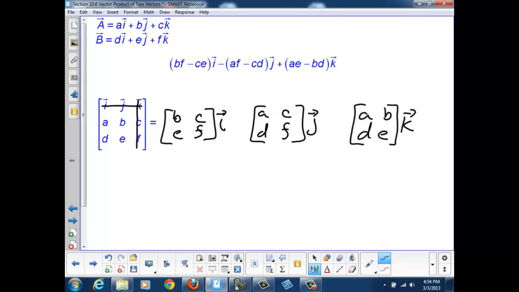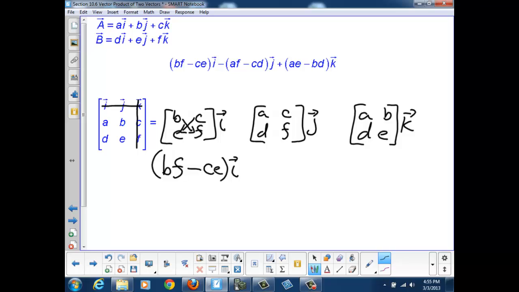Now, if I take these 2 by 2 matrices and calculate their determinants, which is the diagonal from left to right minus the diagonal from right to left. So first I multiply B times F, and then I subtract the right-left diagonal, so CE. And that gives me i.